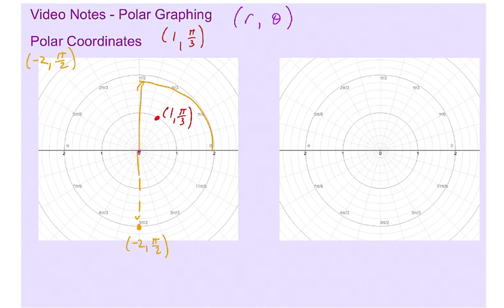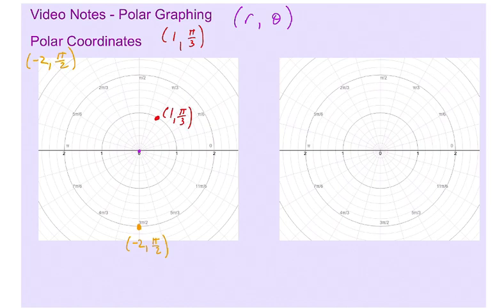I personally prefer thinking of the radius first and then thinking of the direction. If you prefer it the other way around, that's fine too. We can look at another couple of examples here.